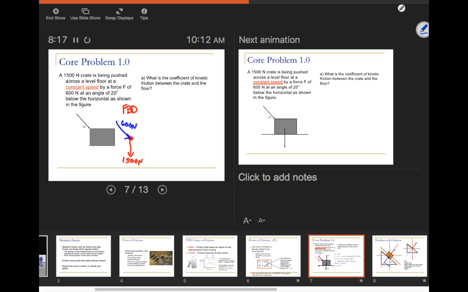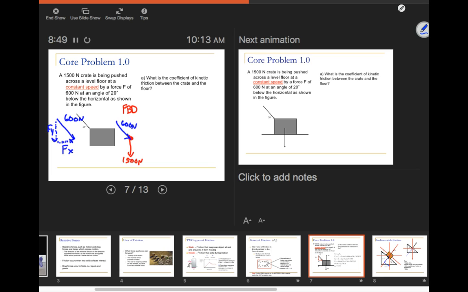As with any problem that gives you an angle, your first job should be to figure out the force in the y and the force in the x. So I'll grab the calculator and I'll help us out.